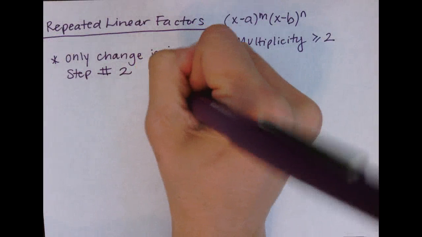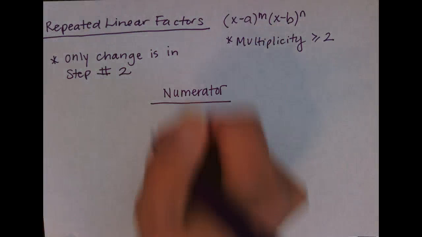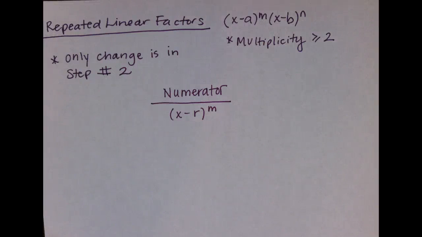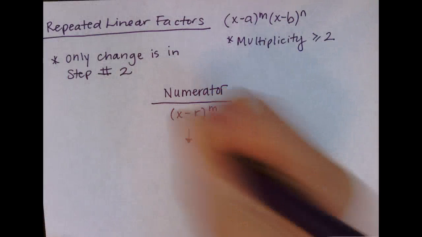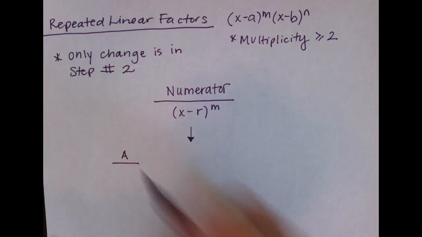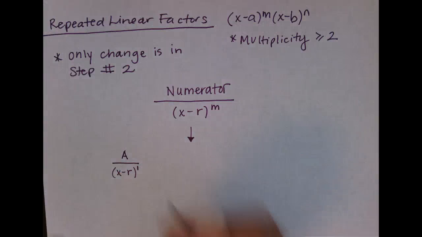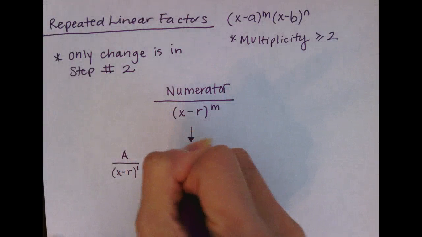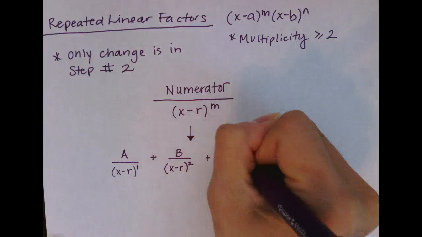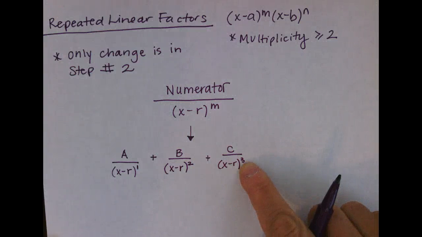So if I have some numerator divided by some factor to a power, some multiplicity greater than or equal to 2, then the way that this must be written is that A has to be written over x minus r to the 1st power, and then I have to add B and put it over x minus r to the 2nd power, and continue that pattern until I get to a power of m.